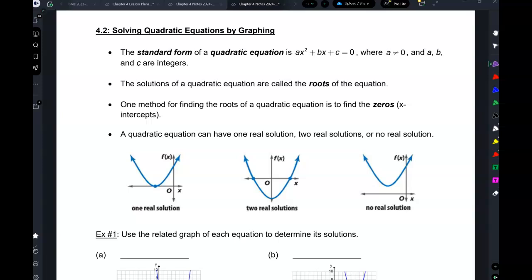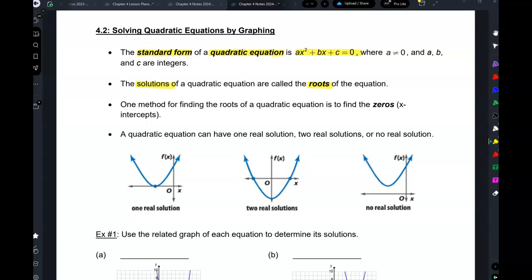Okay, so we learned yesterday that the standard form of a quadratic equation is ax squared plus bx plus c equals 0. In order for it to be a quadratic equation, a cannot be 0, because then the x squared term will disappear. We also said yesterday that the solutions of a quadratic equation are called the roots of the equation.